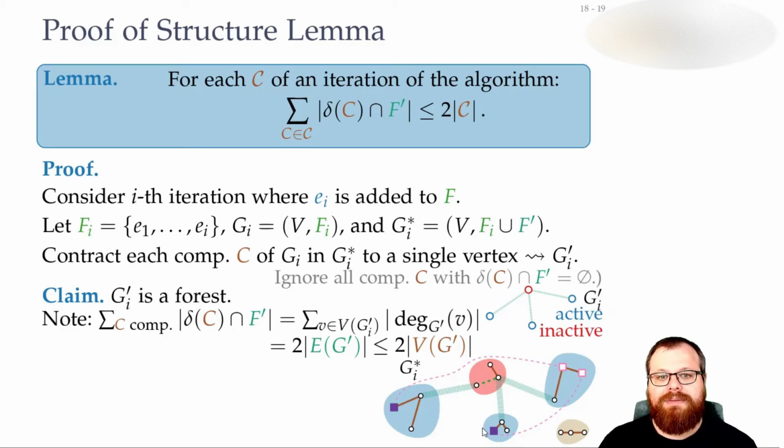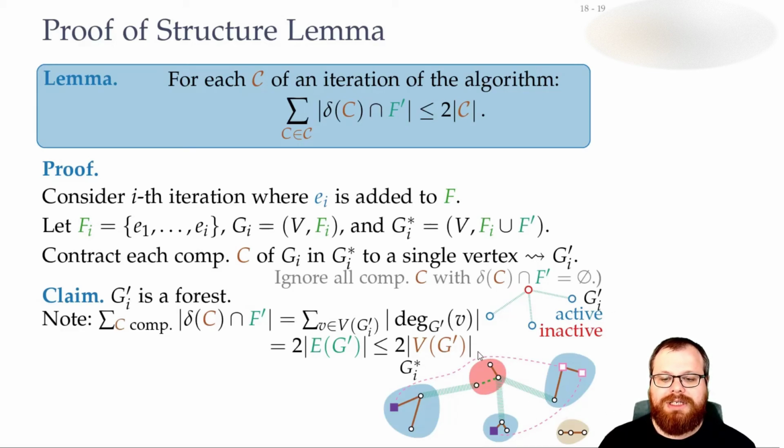And now the active components are exactly those that are in our set C. Those are exactly the components where we have exactly one terminal of some terminal pair. So we only have to count for these active ones how many edges of f prime do we have at their boundary. And to do that we look at it the other way. We look at the inactive ones.